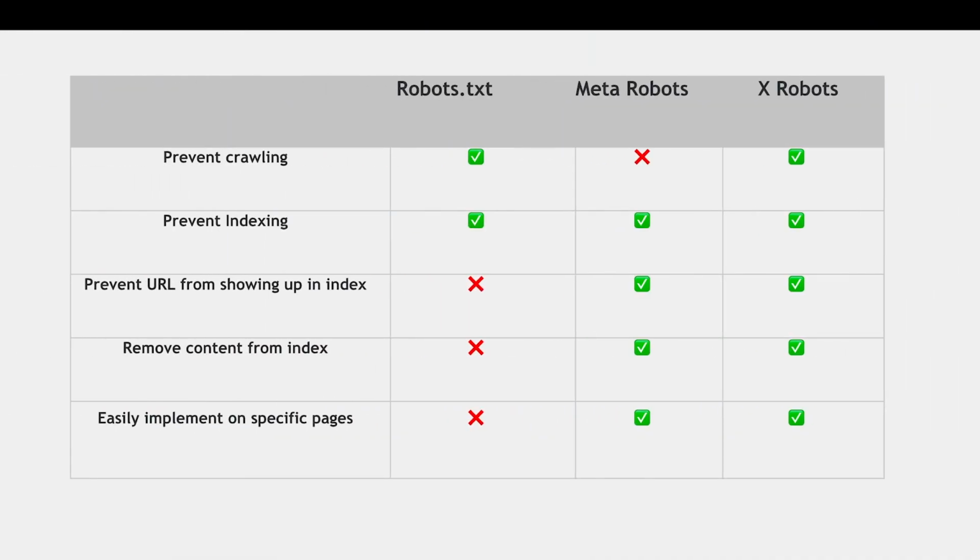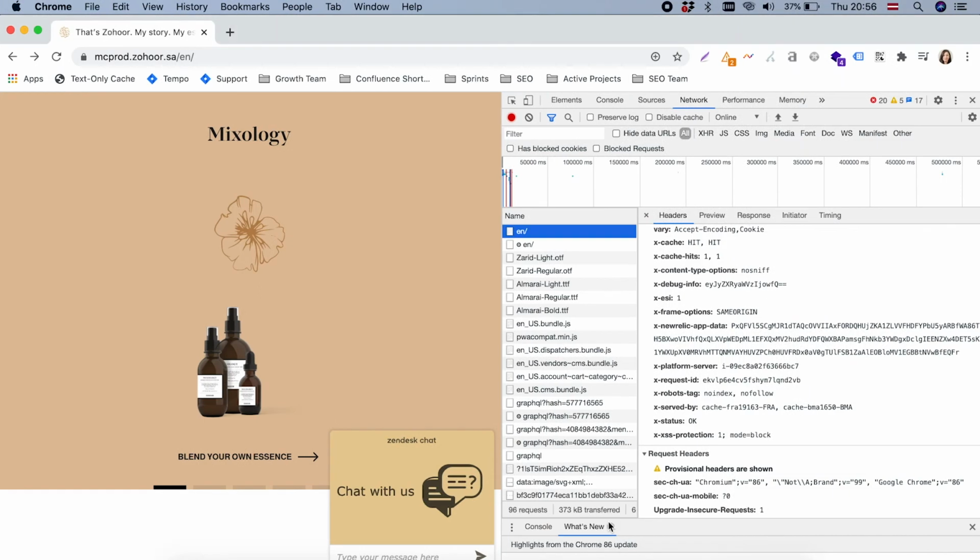And what about X-Robots? Let's see how they look in practice. We have visited a pre-live version of the Zahur Al-Reef website, which is built on PWA.